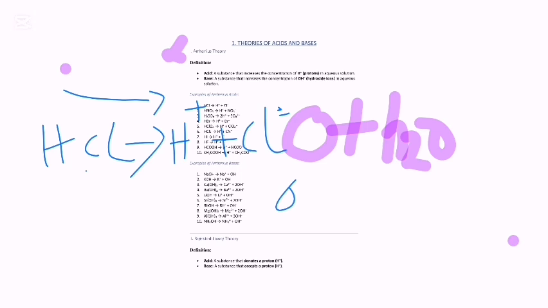That is the definition Arrhenius developed: an acid is any substance which increases hydrogen ions, or which when it dissolves in water produces hydronium ions. That's what Arrhenius theory states.